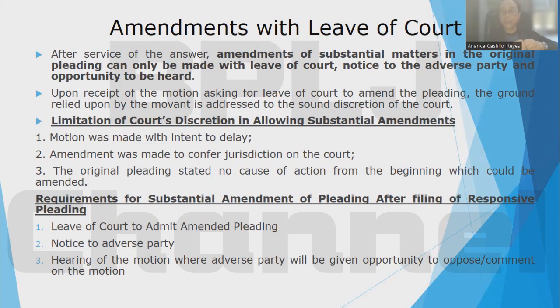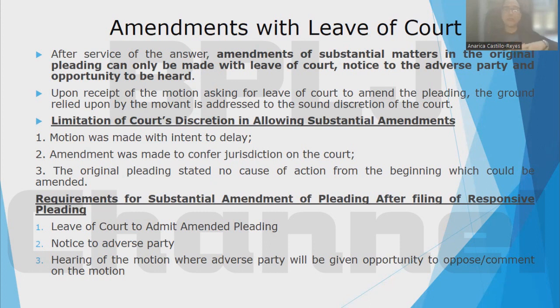Amendments will be denied in the following cases: when the motion was made with intent to delay, when amendment was made to confer jurisdiction on the court, when the original pleading stated no cause of action from the beginning, which could be amended. Now, what are the requirements for substantial amendment of pleading after a responsive pleading has been filed?